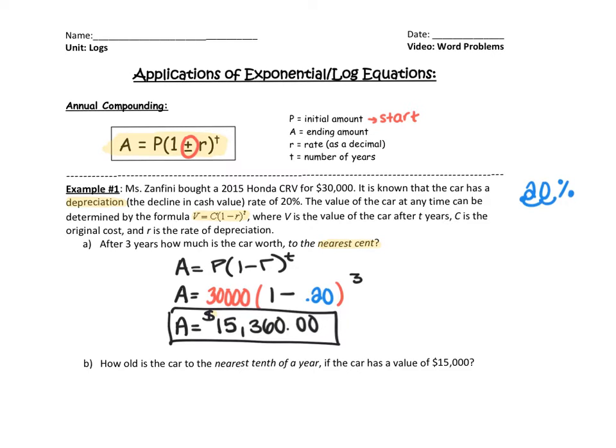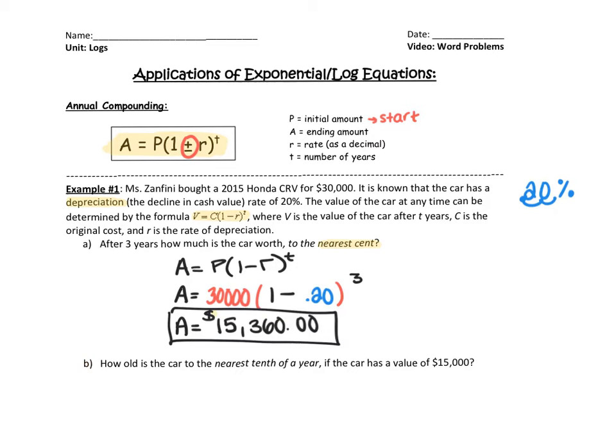Because the number that you got is less than the amount you started with. We started with a $30,000 car, and after 3 years with this large depreciation rate, it's nearly only worth half of what you paid for it, right? They always say a car is the worst investment because it loses value the second you drive it off the lot. Okay, so that's an example of using the exponential decay formula using the minus.